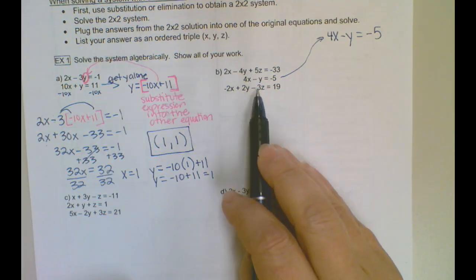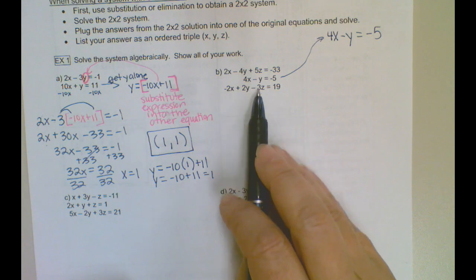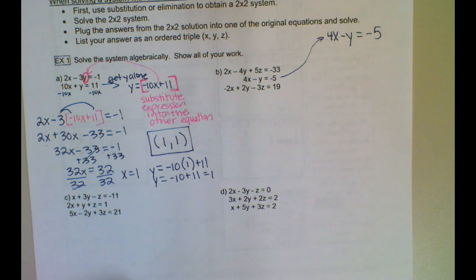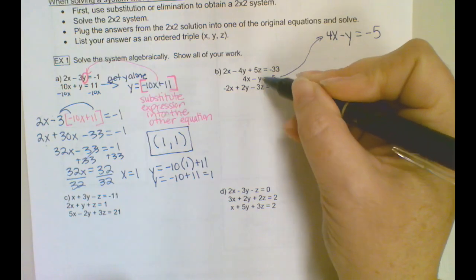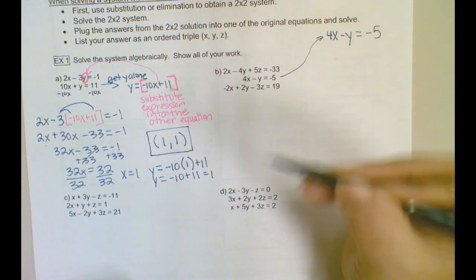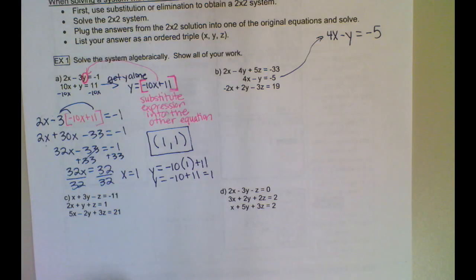So I'm going to have to multiply these equations by some constants in order to make them opposites. So what is the smallest number that I could turn these into that would be opposites? 15. Very good. So 15, and then obviously the opposite of that is -15.